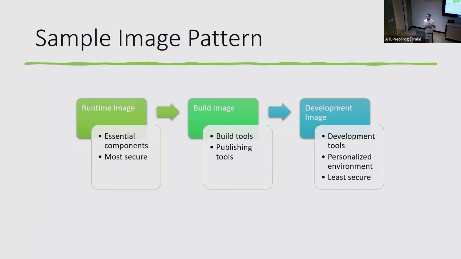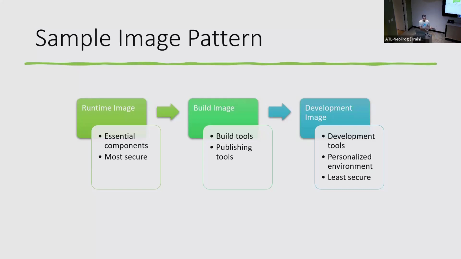Just what I need to run that image, not to build it, not to do anything else with it, just run it only. This is the most secure image, from the perspective that it has the least amount of components inside it, just what it takes to run it. And then a build image comes next. I have some examples of these, I'll show these. Build image is next.